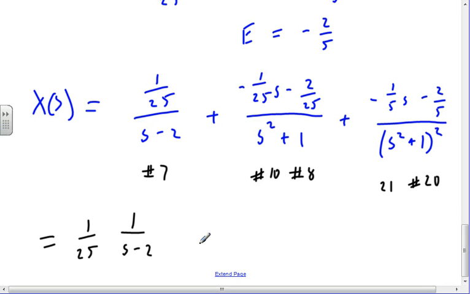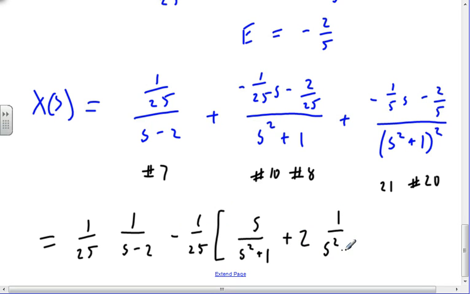If I bring a 25 out, I'm going to have minus 1 over 25, and then s over s squared plus 1, plus 2 times 1 over s squared plus 1. That gives me straight lines into 10 and 8.